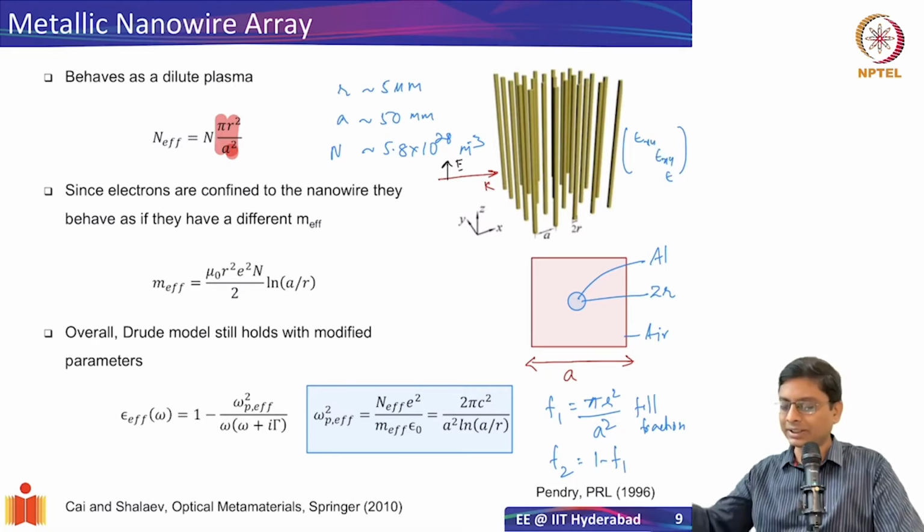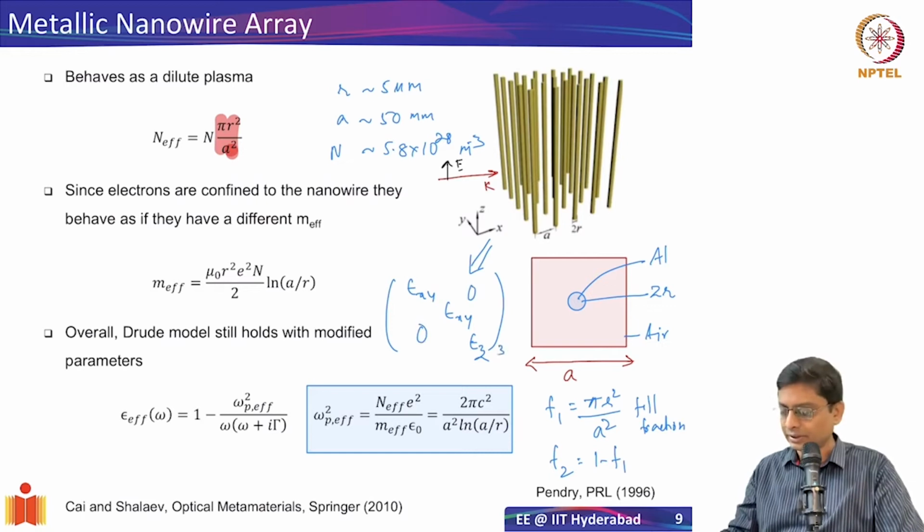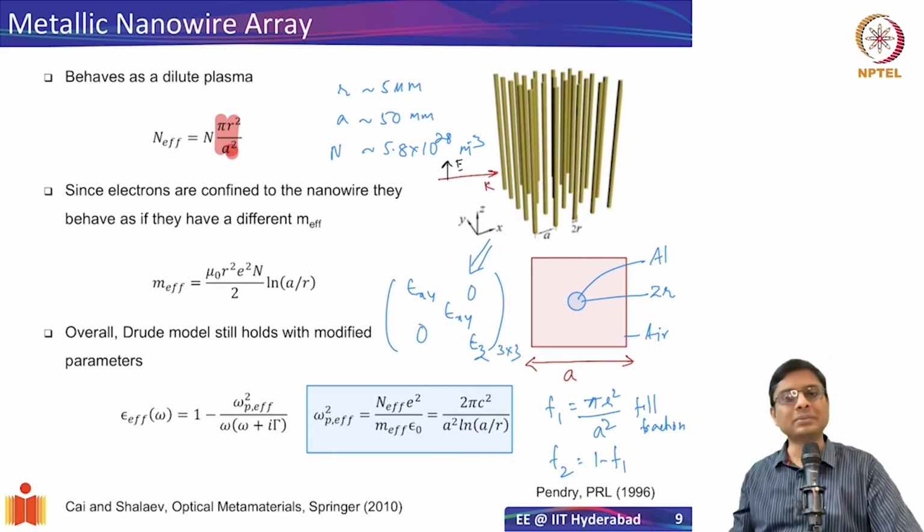It will be a 3 by 3 tensor, and since the axes are chosen such that this is represented by a tensor of this form, the rest of the terms are going to be 0. So a 3 by 3 matrix. Because it's an anisotropic medium, in the z direction the response will be different from the x and y directions.